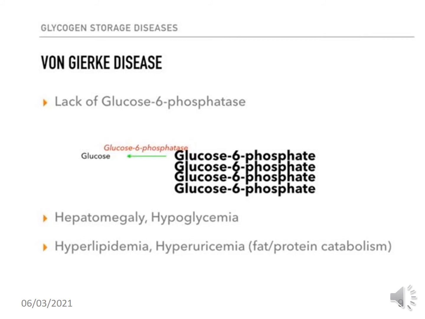That means accumulation of glucose 6 phosphate, and the process occurs in the muscles and in the liver. You know that glycogen in the muscle is removed speedily and we don't get accumulation.